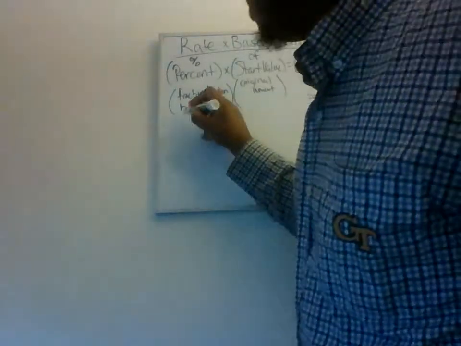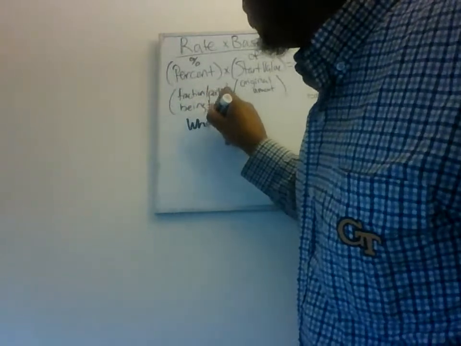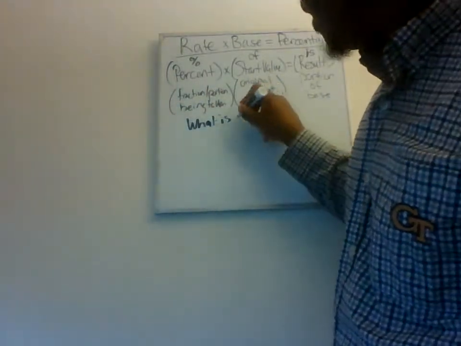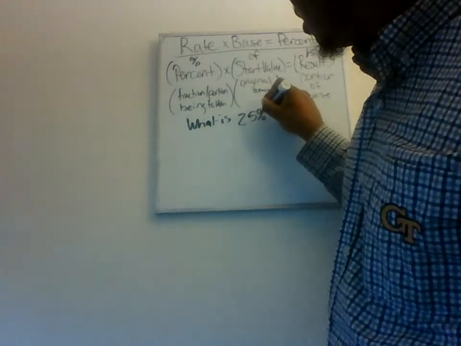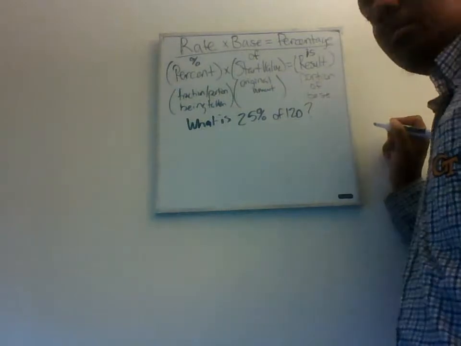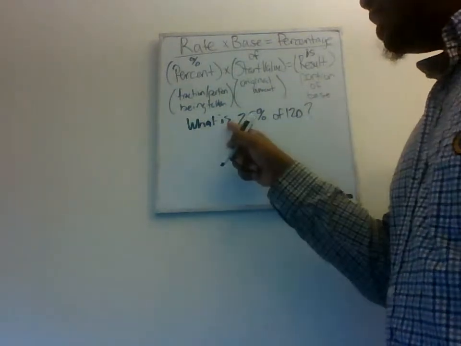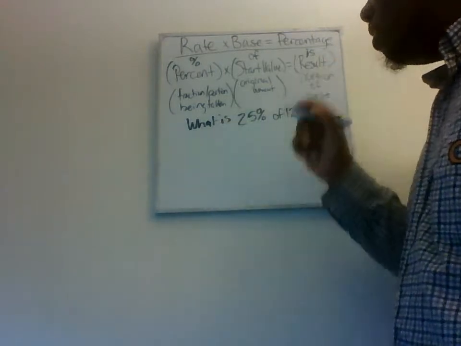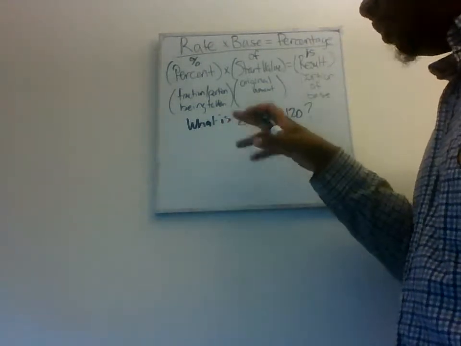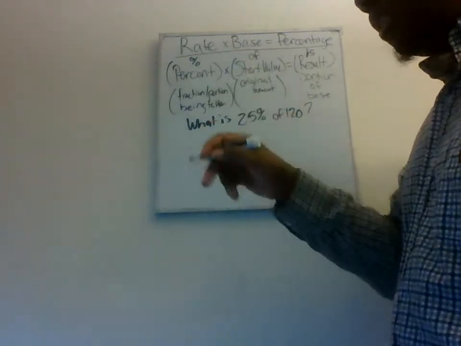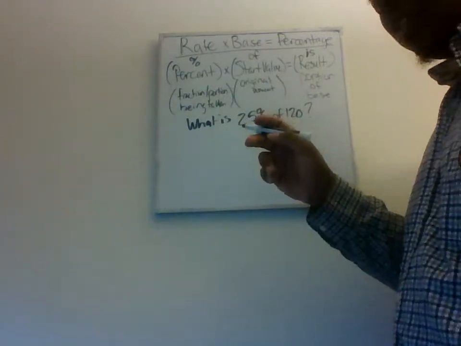So if I want to know what is 25% of 120? Okay, what is? I don't know what is. So that must be my result. See how it comes after or before "is"? 25% is obviously a rate because it is a percent that's given to us.